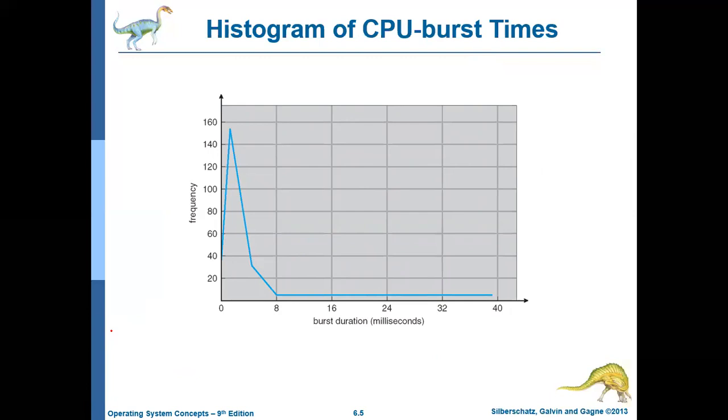Of course, different processes behave in different ways, but the researchers, engineers and scientists studied processes of different lengths. Finally, they concluded that any typical process will have more CPU bursts of short duration.